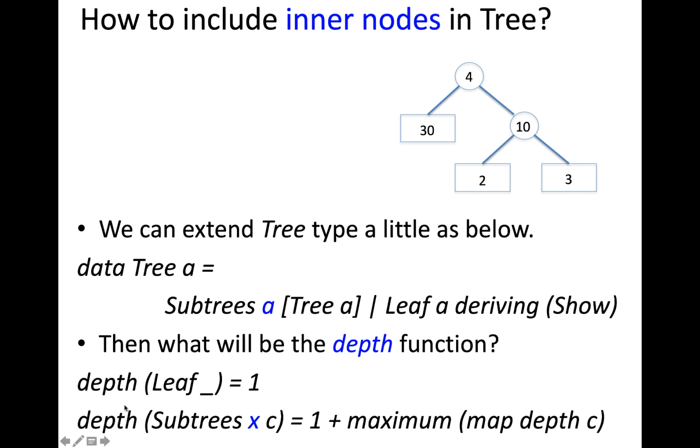Fortunately, it looks very similar to before. So depth of leaf is 1, and depth of a full-fledged tree is whatever is the maximum depth of any subtree plus 1. It's basically exactly same logic as before.